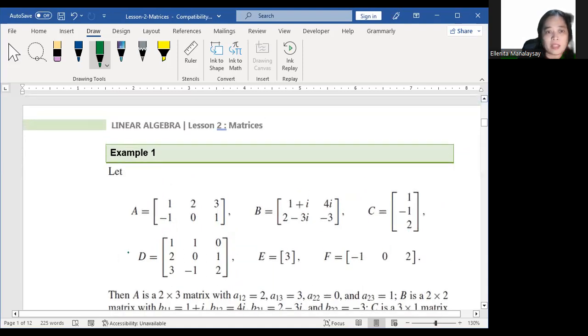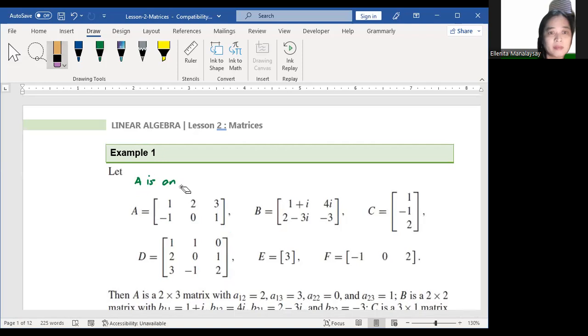The first matrix contains 2 rows and 3 columns. So we will say that matrix A is an, oh, it's not an.